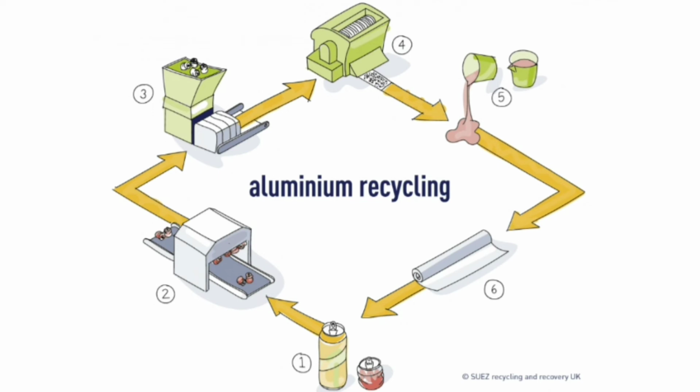The next is to produce and make sheets. The ingots are then fed into powerful rollers which flatten them into thin sheets of aluminium. These thin sheets are rolled into coils and sold or sent to the can making factories.